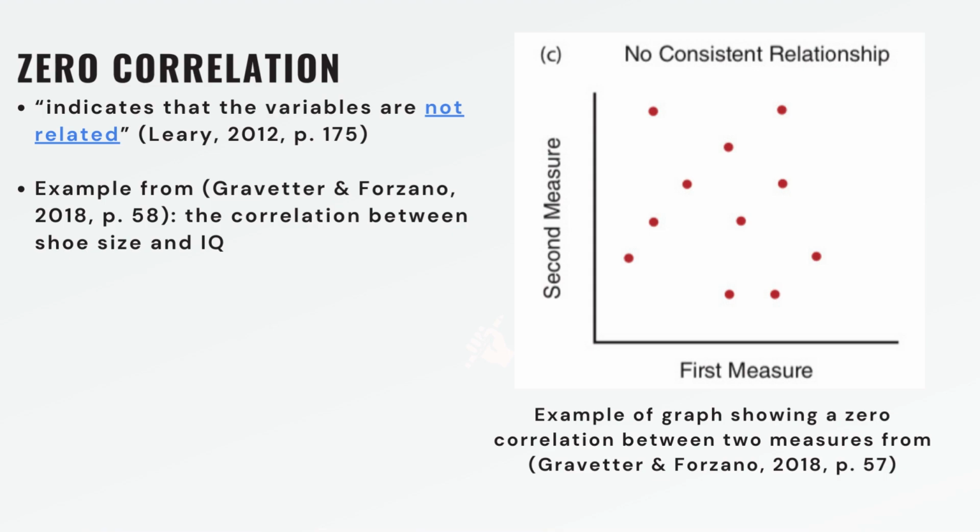They reported that this graph shows two measurements that are not consistently related. In this graph, some people who score high on one measurement also score high on the second, but others who score high on the first measurement now score low on the second. In this case, there is no consistent, predictable relationship between the two measurements.